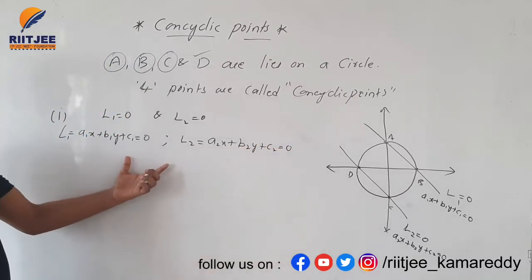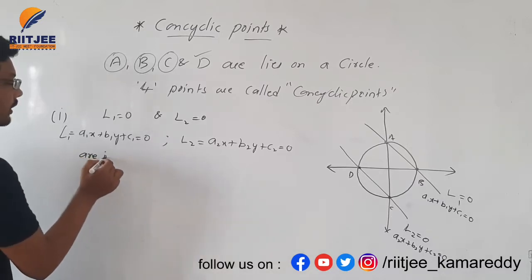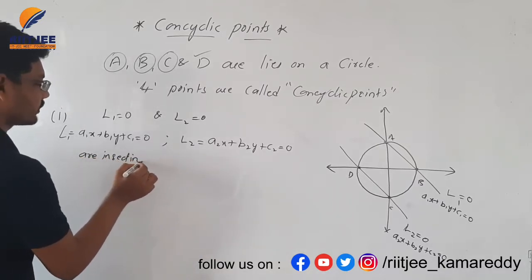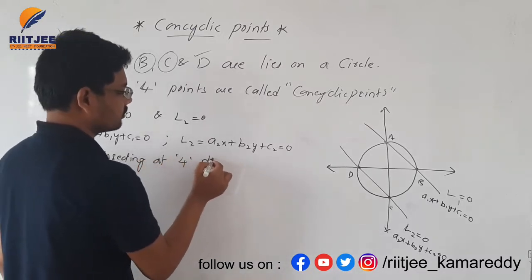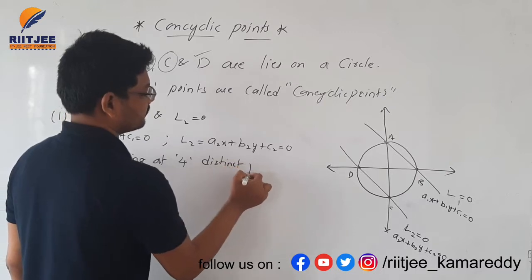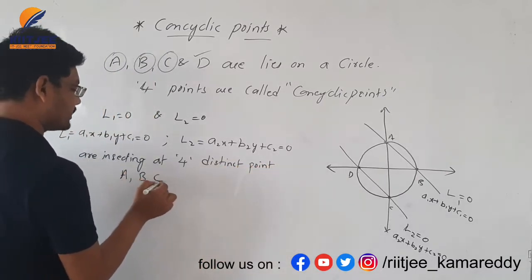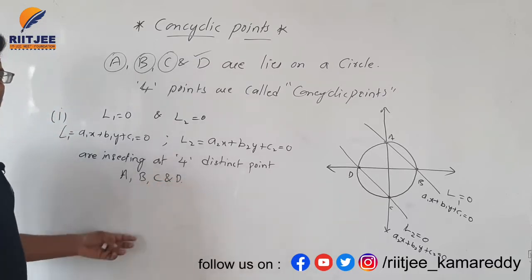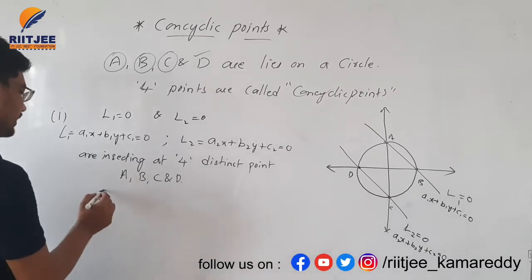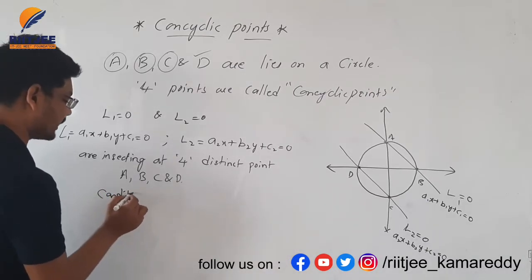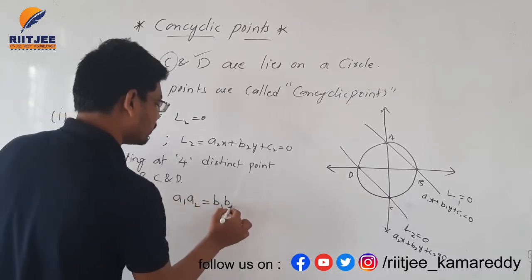This is one more line. The two lines are intersecting at 4 distinct points, those are A, B, C and D. Then the condition for the 4 points to be concyclic is a1 into a2 is equal to b1 into b2.